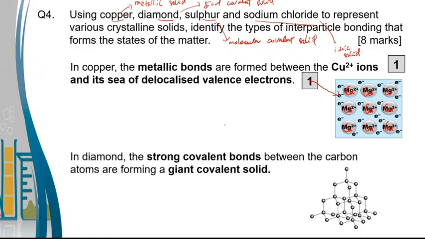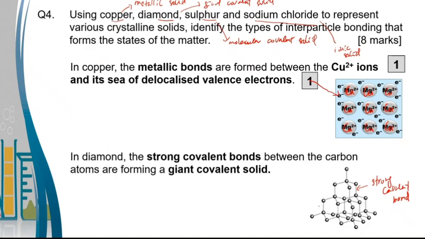Diamond is a giant covalent solid. In diamond, the strong covalent bonds between the carbon atoms form a giant covalent solid. This is the strong covalent bond. It's a giant covalent network, not limited to the atoms that show on this diagram.